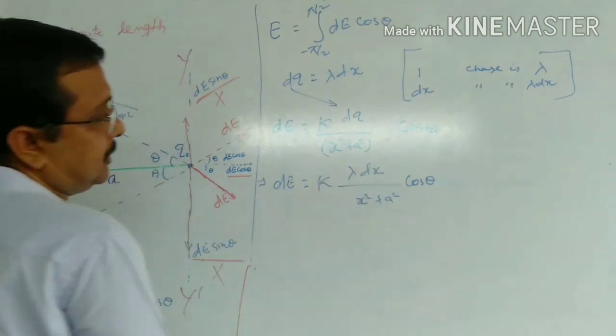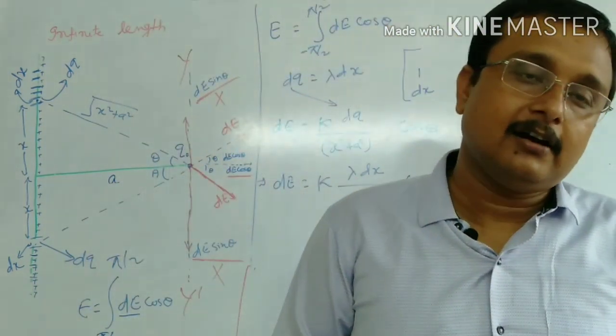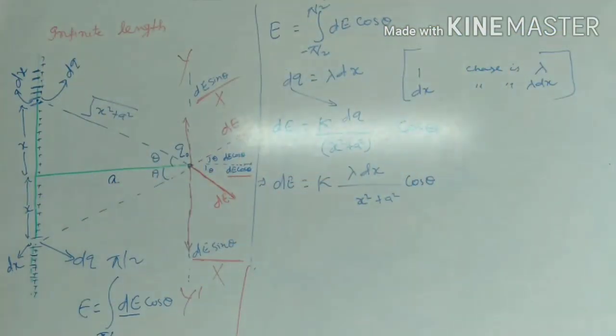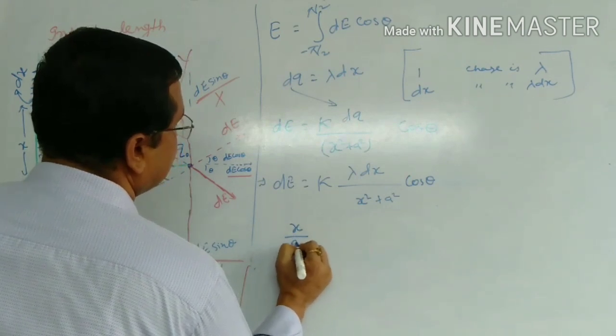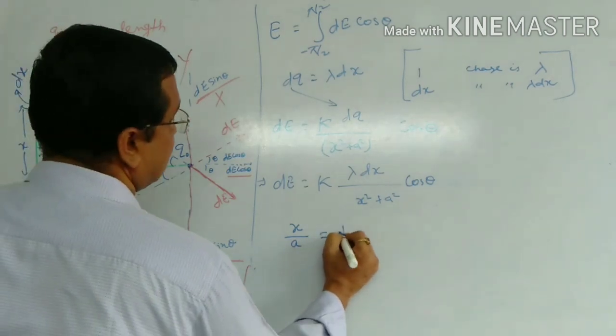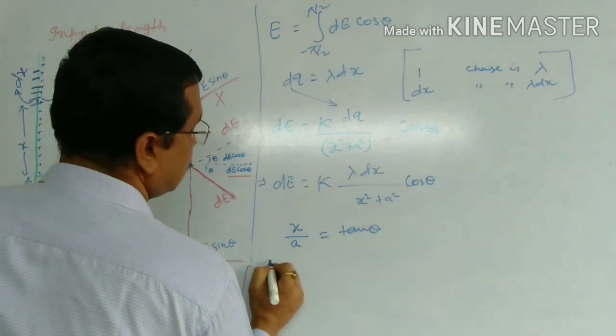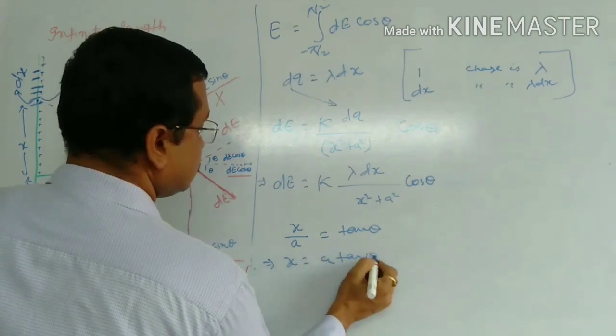We have to write the expression between x and theta and then differentiate it. You will get dx. So in this triangle, x by a means perpendicular by base equals tan theta. That is for sure. So here x equals a tan theta.